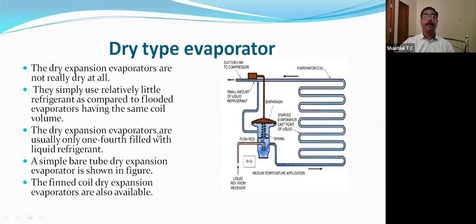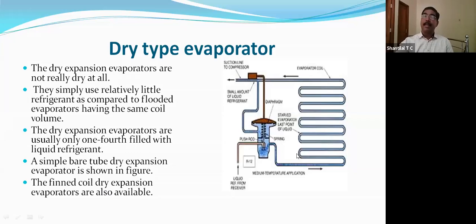The dry expansion evaporators are usually only 1/4 filled with liquid. Already I explained, only 1/4 liquid refrigerant is passing. A simple bare tube dry expansion evaporator is shown in this figure, and a finned coil dry expansion evaporator is also available.